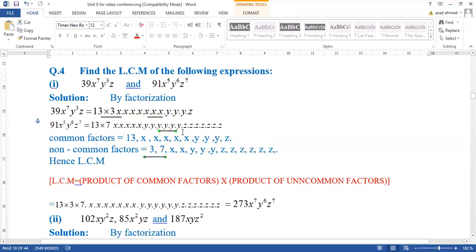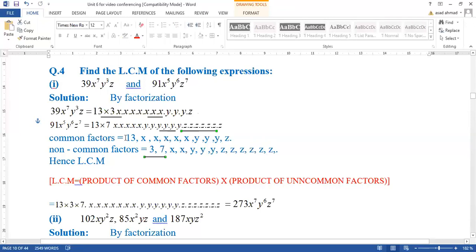Similarly, z to the power 1 was common, and z to the power 6, if you leave 1 and underline 6 z's, then these 6 are written separately in this part. These are actually non-common factors. So all the numbers which are not common between these two factors are separately written.